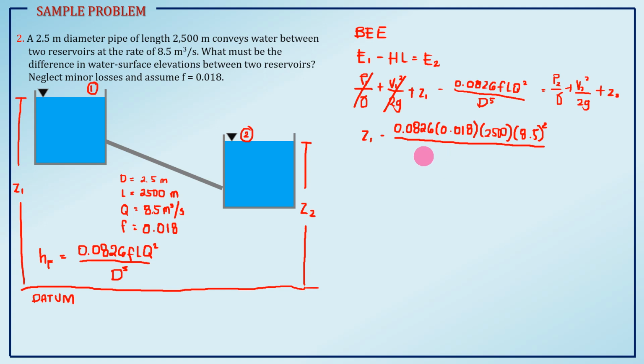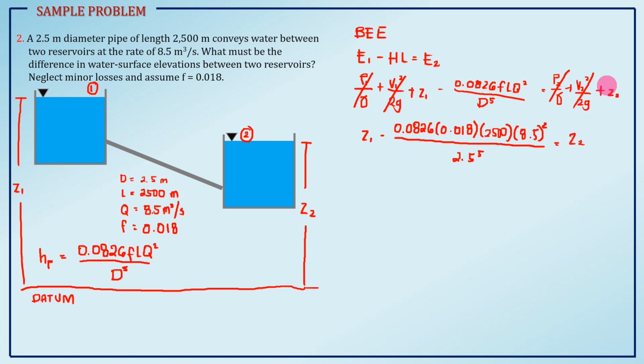It should be in meters and seconds: cubic meter per second squared, over D, 2.5 meters raised to 5, equal to P2 over gamma. At point 2, we don't have the pressure head or the velocity head, because we are analyzing a reservoir. Then we have Z2.